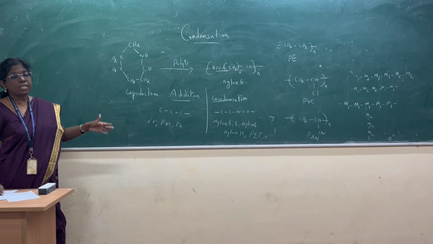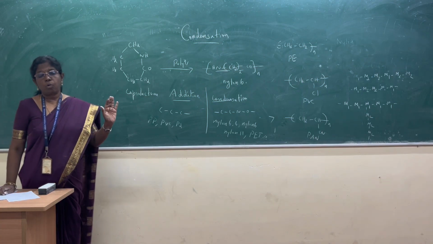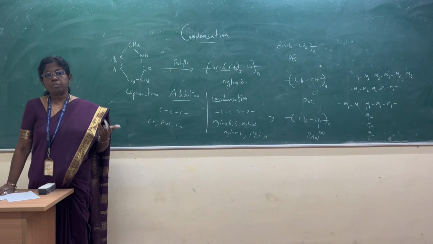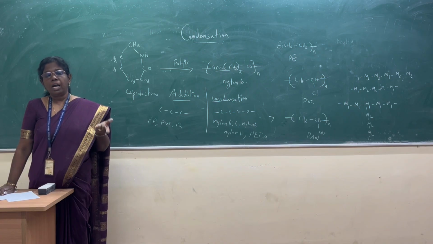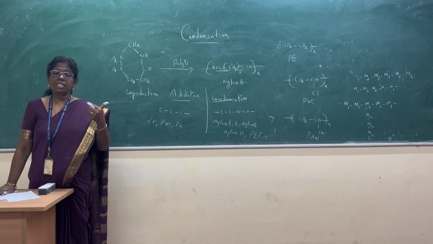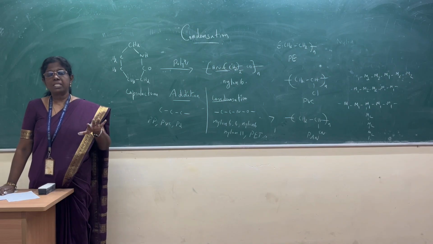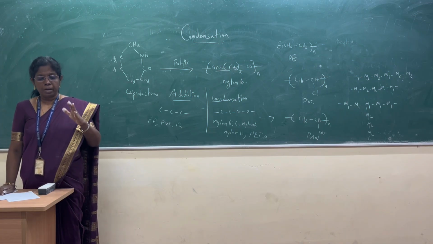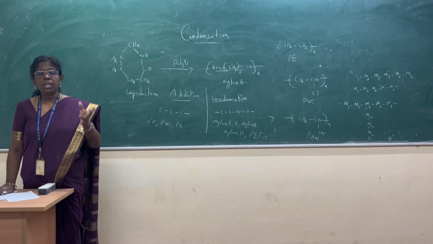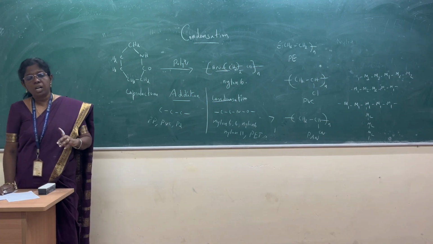So far we have discussed polymers. What are polymers, what are the different types of polymers, and what are the terms used in polymer chemistry: what is the degree of polymerization, what is functionality, and what is tacticity. And the classification of polymers and the classification of polymerization reactions. Polymerization reactions are addition and condensation. The classification of polymers is based on origin and on nomenclature.